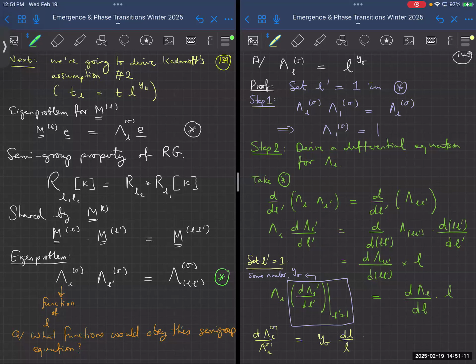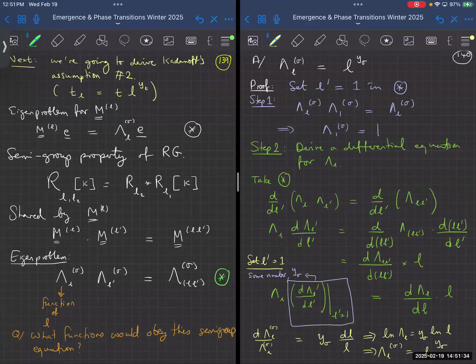And so then that gives me that log of lambda L is equal to y sigma log of L. And so lambda L of sigma is equal to L to the y sigma.